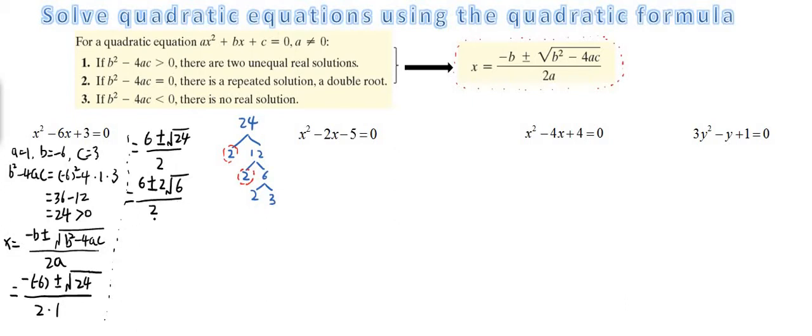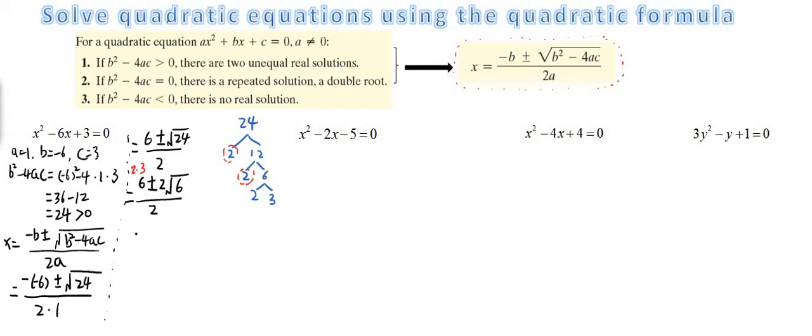Now in the denominator we have 2, and in the numerator the 6 we can write as 2 times 3, and here we have another 2 times the square root of 6. So we can cancel 2 from both the numerator and the denominator.